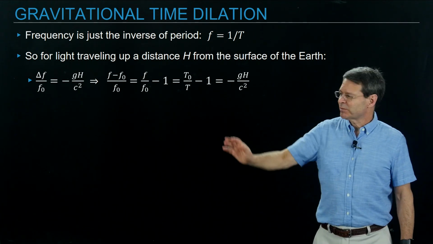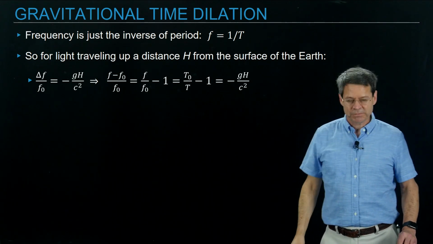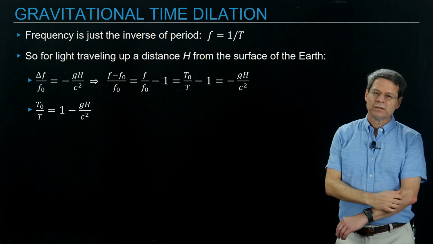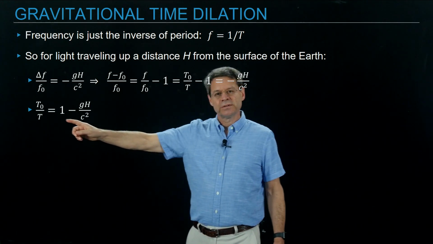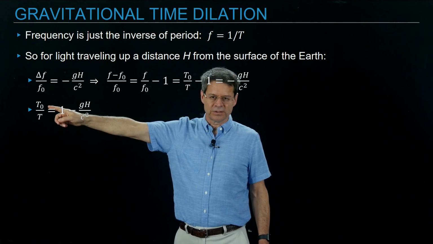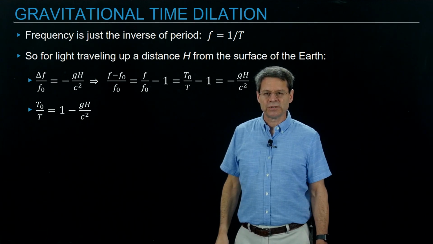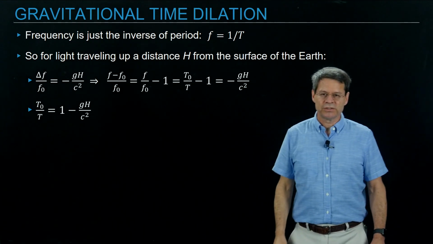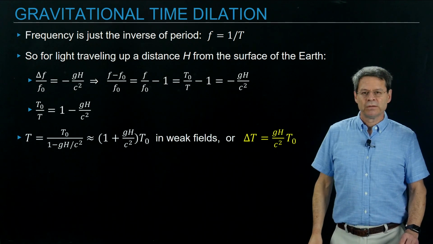And that number we saw, the effect of that is minus gh over c squared, as I just said at the beginning of the equation. So T naught over T itself, the time in the emitter's frame over the time measured by the receiver, is 1 minus gh over c squared.